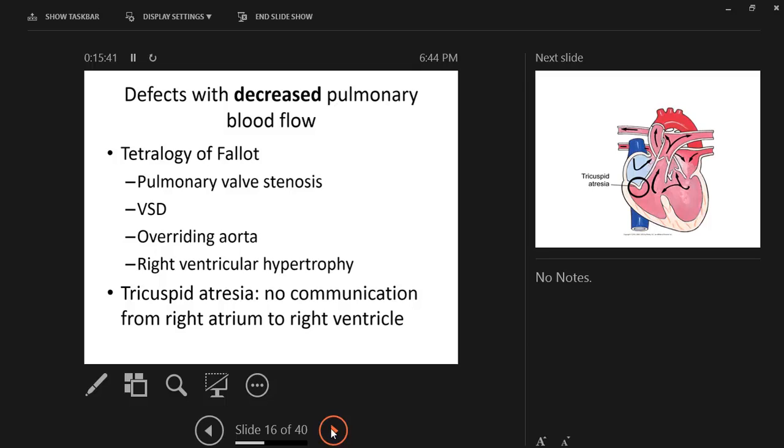Defects with decreased pulmonary blood flow will result in cyanosis, and one of those we said was the tetralogy of Fallot with the 4 different anomalies. The kid is going to be cyanotic usually at birth or shortly thereafter, and they may have TET spells, and we're going to talk about TET spells.